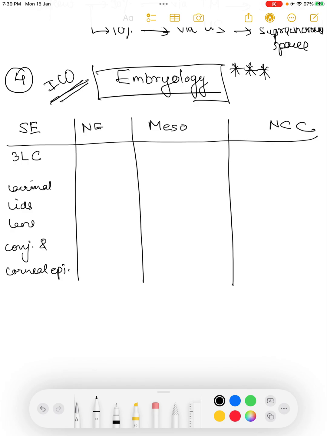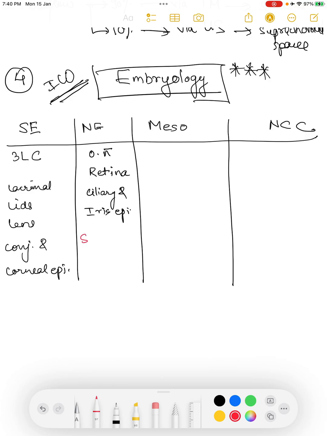Coming to neuroectoderm derivatives, we have the optic nerve. We go to the posterior segment basically in the neuroectoderm because it consists of the word neuro. Optic nerve, retina, ciliary and iris epithelium.